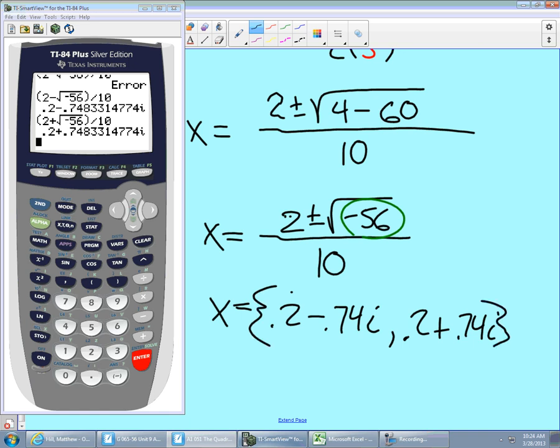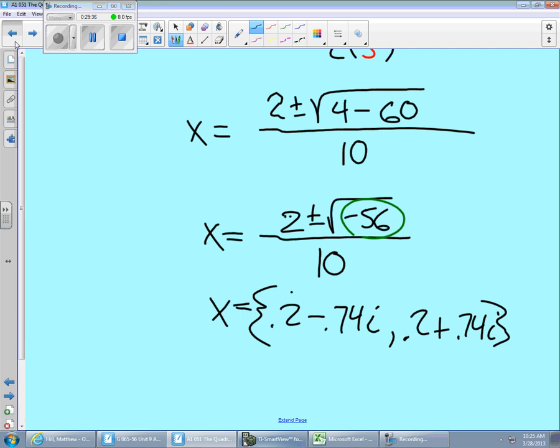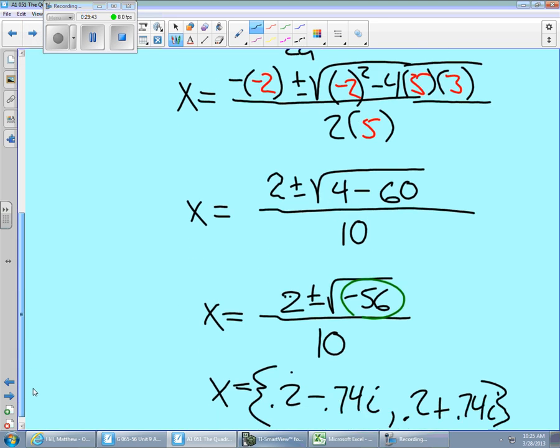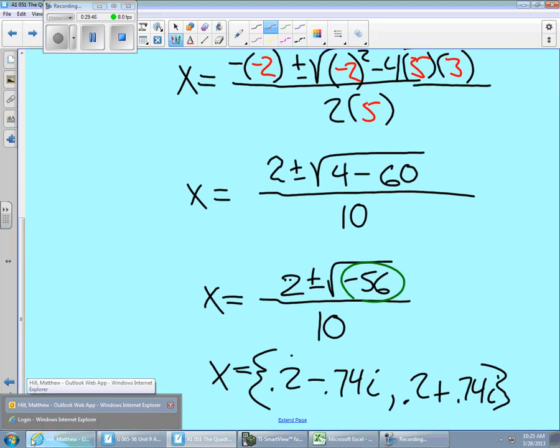That doesn't happen too much. I wouldn't expect to see that on your assignment tonight. There might be one that tries to do it. I haven't worked the problems out yet. But if it does happen, whether it be on an assignment or an end of course test or a semester test or whatever, just realize that from time to time we are going to end up with some negative values underneath this radical, and all it means is instead of real solutions like we got on this first example where it was just numbers, it is possible that we may end up with imaginary solutions.